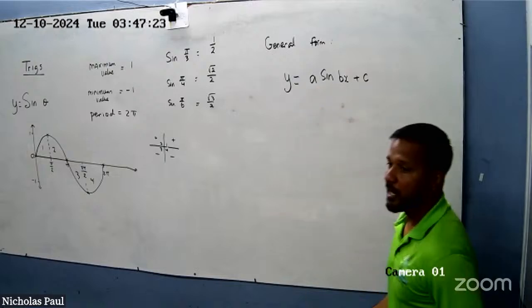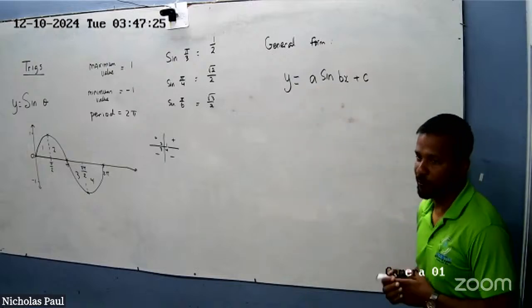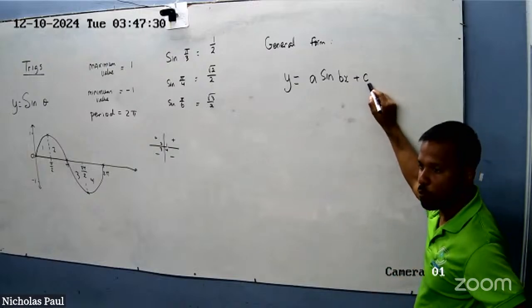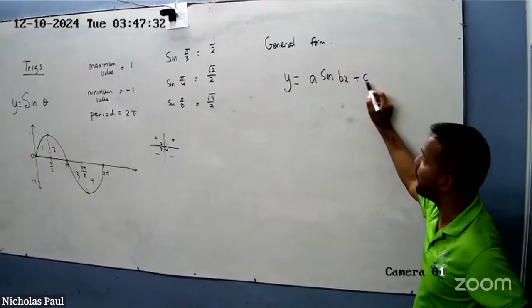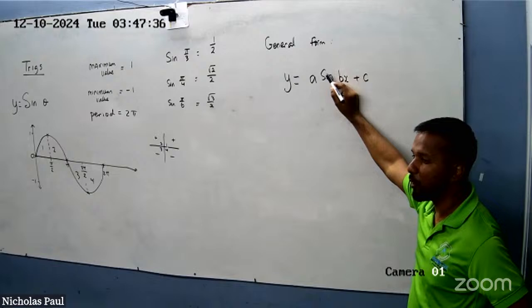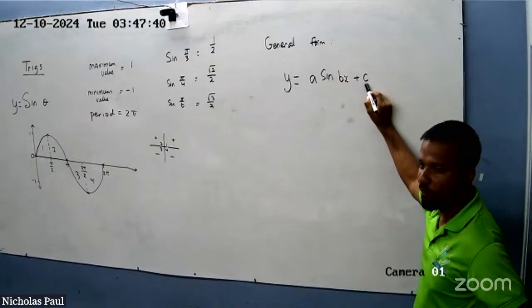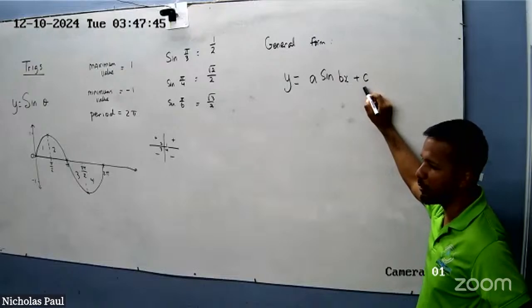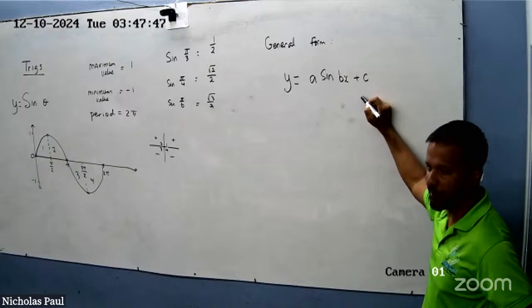From the transformations we did, anybody can predict what the C will do? What will the plus C or minus C do to the function sine? It will shift it up and down.